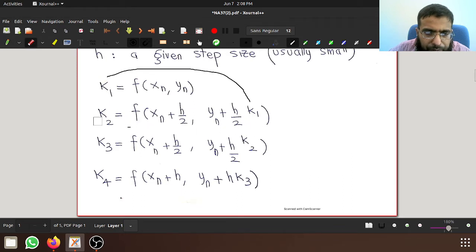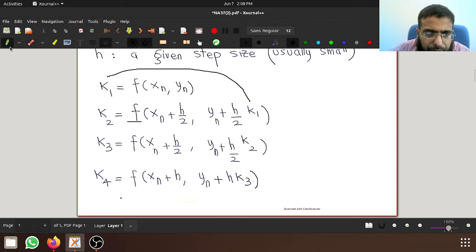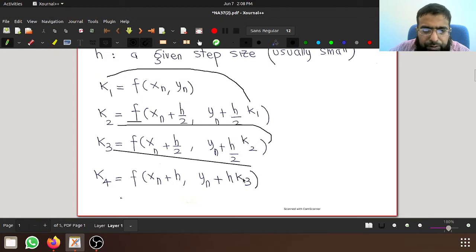And the formula for k4 is dependent on the value of k3 that we computed in the last step.